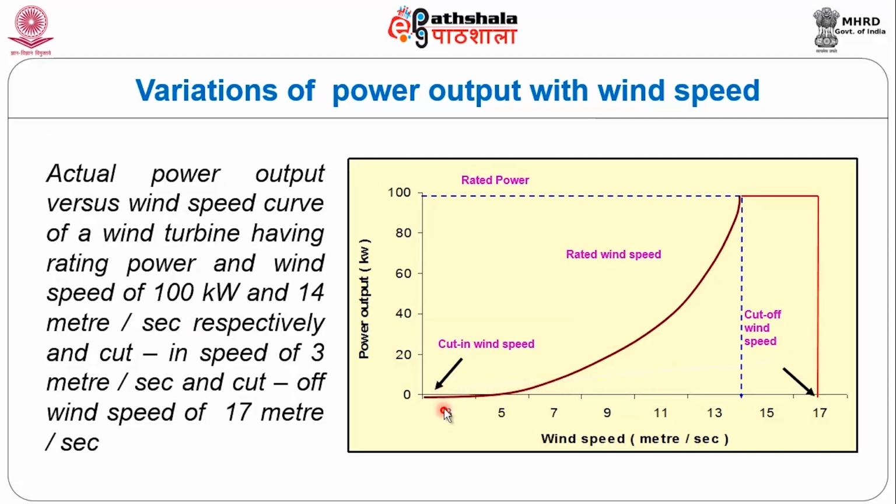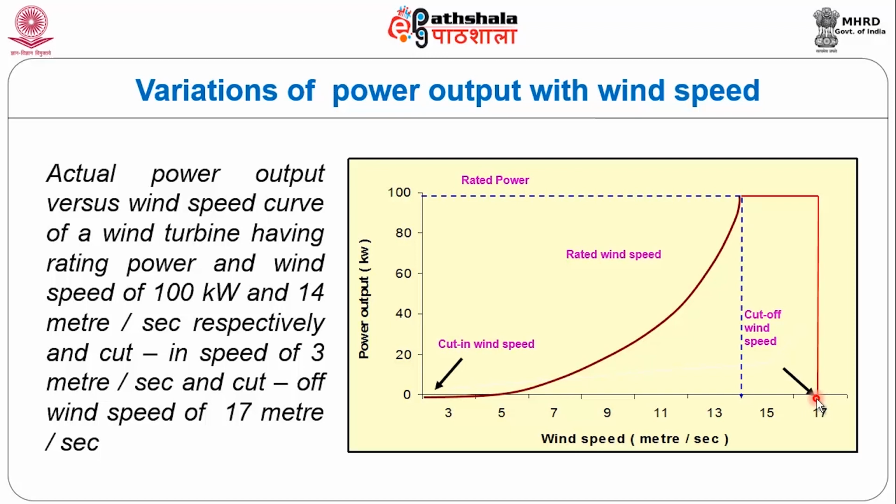This is the cut-in wind speed, about 4 meters per second, and this is the rated wind speed, about 14 meters per second, where you can get maximum power output. And 17 is the cut-off wind speed, after which it will be stopped automatically, and power cannot be generated beyond this limit, because it will affect the system.